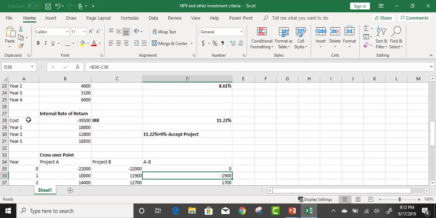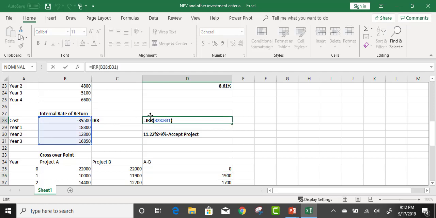The project has a cost of $39,500, and the cash inflows in each year are displayed here. To get the internal rate of return, we use the function IRR, where you select all the cash flows, including the cash inflow and cash outflow together. But make sure that the cash outflow has a negative sign to classify it as a cash outflow.